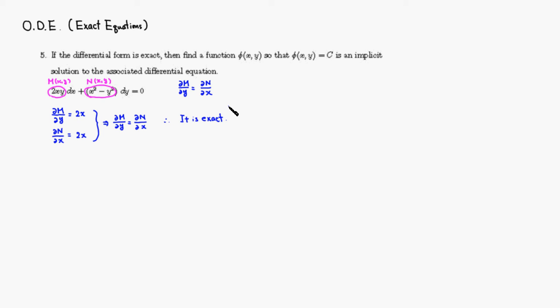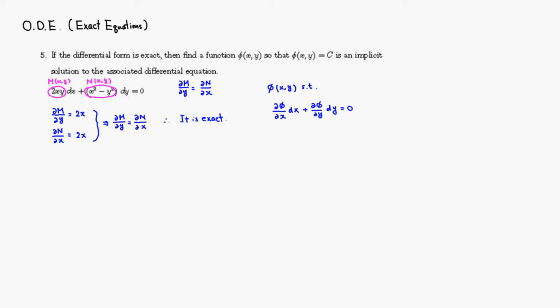So we want to find phi. We're looking for phi of x comma y such that the corresponding differential equation would be the partial of phi with respect to x dx plus the partial of phi with respect to y dy is equal to 0.